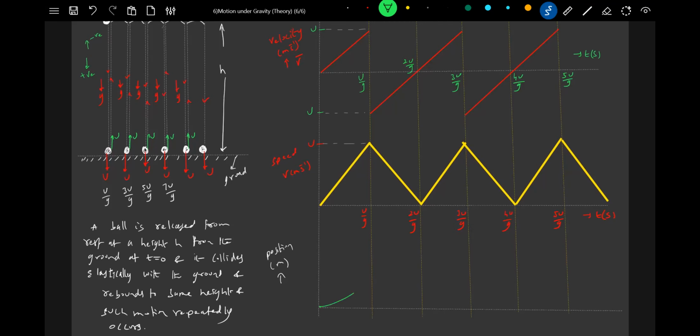No, I'll put it here. There's a position. Okay, this is u by g. Some other contrast color I'll take. u by g, 2u by g.